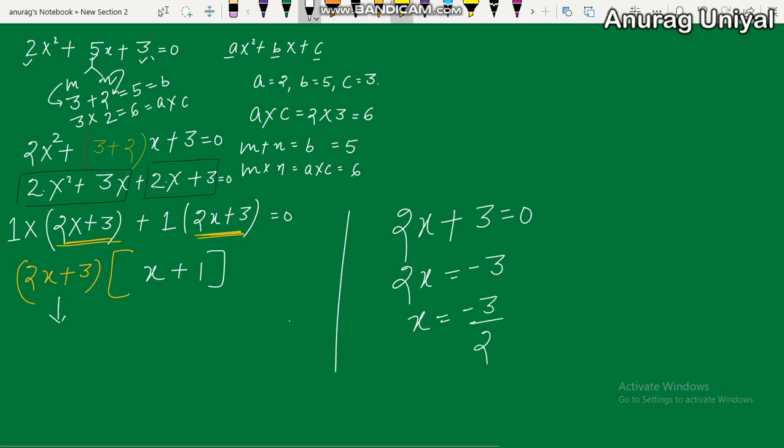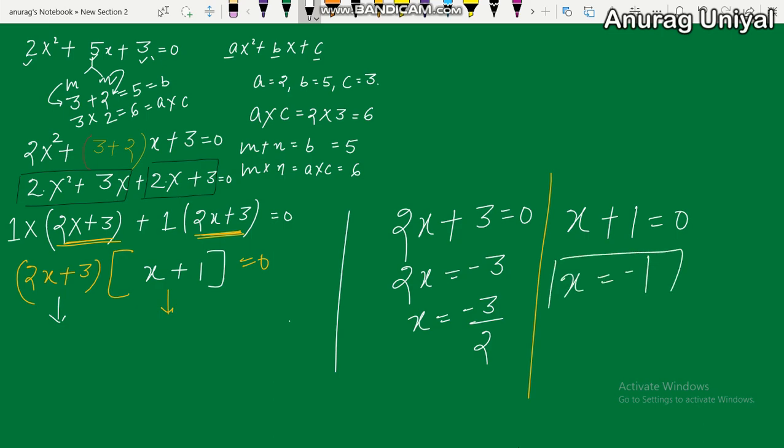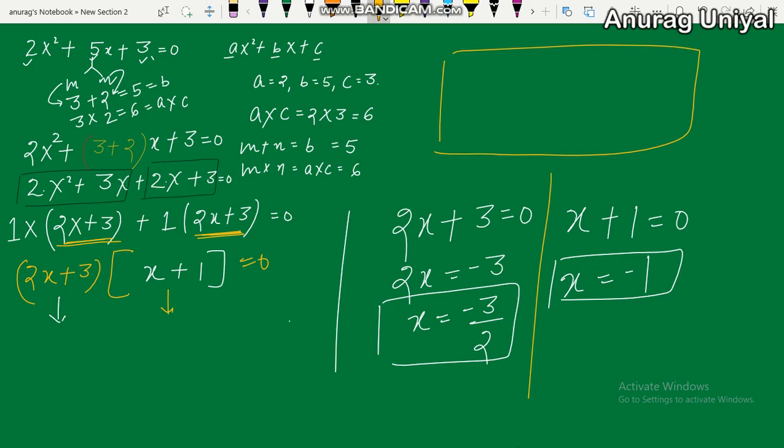The first answer of this question comes out to be this. Now when you put x plus 1 equal to 0, x will be equal to minus 1. So this is the other value. These are the two answers. Finally, at the end, we have the two values x equal to minus 3 by 2 and minus 1. So these are the answers.